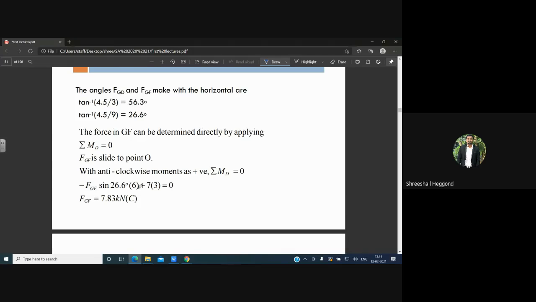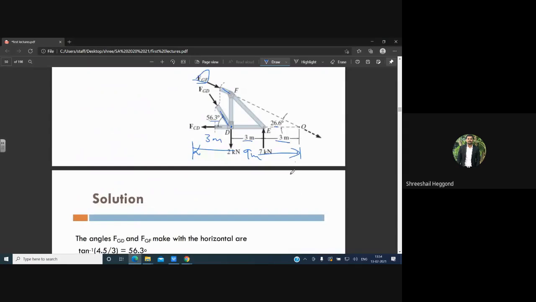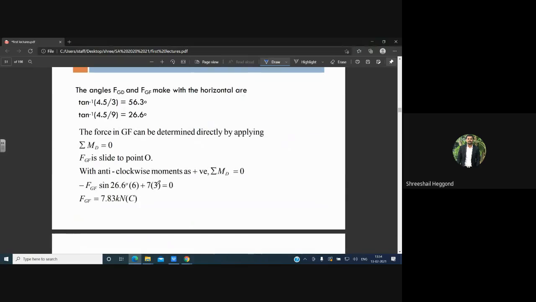Plus 7 into 3, that is the applied load. 7 kilonewton is the reaction at E point. That into 3, and this 3 will be the total EF point, the perpendicular distance calculation. That is 6, and this distance is 3 meters. 7 into 3 equate to 0 and calculate the GF value.